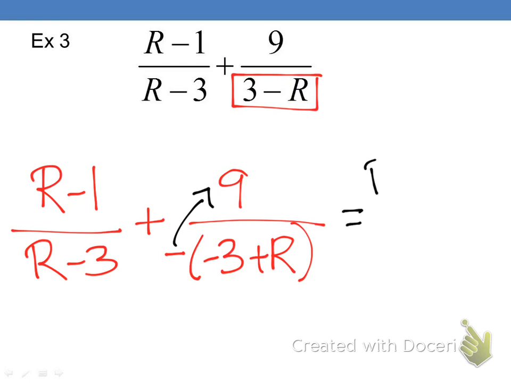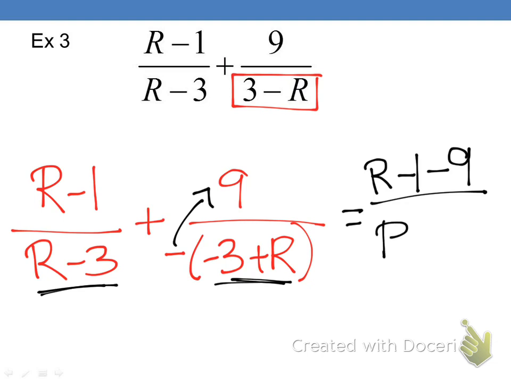So I'm going to make this r minus 1. I'm putting the negative up top with the 9. So that's r minus 1 minus 9 all over. Now the denominators are the same once you put that negative up top with the 9, right? Okay, so I'm going to write it as r minus 3.